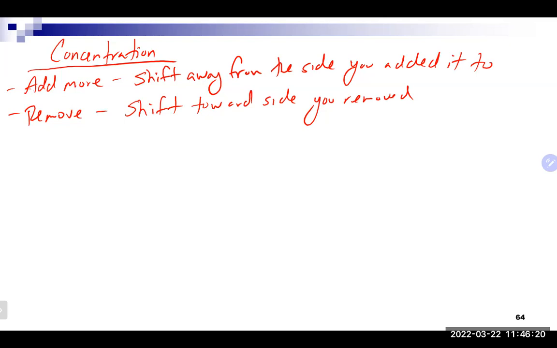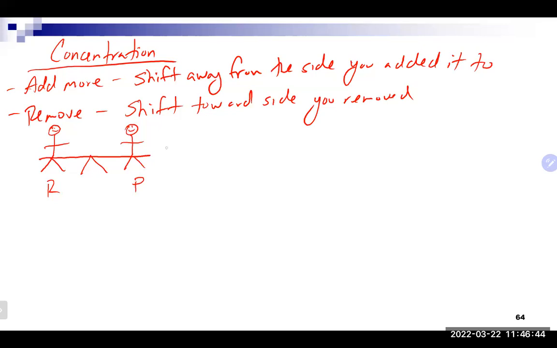So let's talk about really what we're seeing here. So let's just say we had sea salt or something like that. So we'll say this guy over here on the left is the reactant side. This guy over here on the right is the product side.